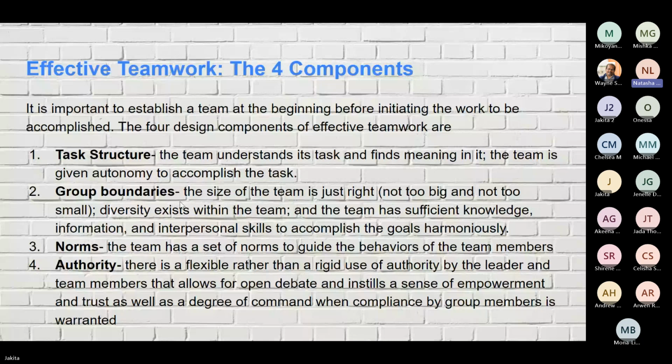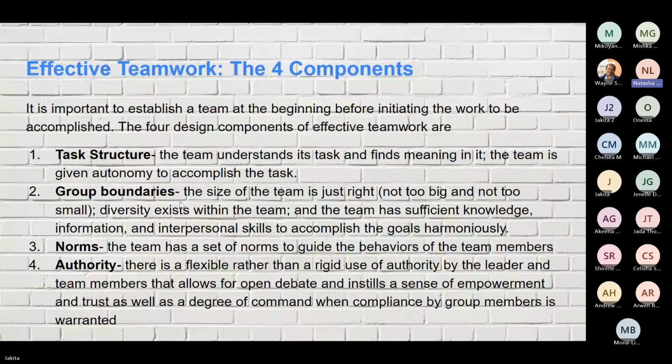The team understands its task and finds meaning in it. The team is given autonomy to accomplish the task. 2, group boundaries. The size of the team is just right. It's not too big, it's not too small. Everybody fits in it. Diversity exists within the team, and the team has sufficient knowledge, information, and interpersonal skills to accomplish the goals harmoniously.